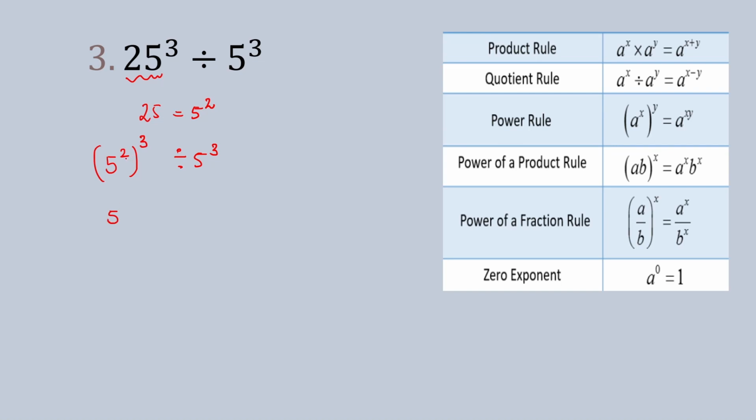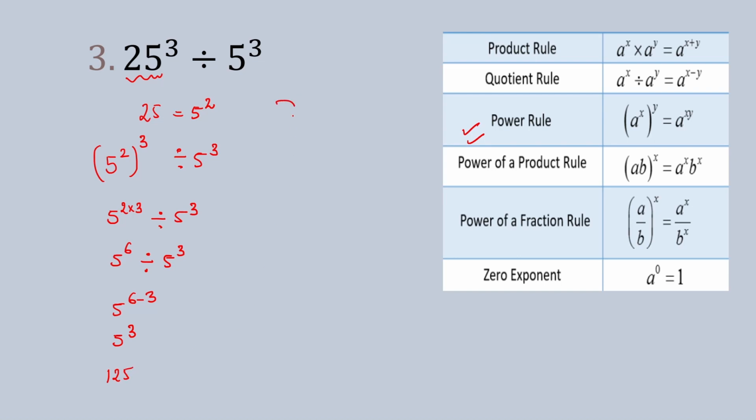Here, power of a power, where we need to multiply exponents: 2 into 3, divided by 5 raised to the power 3. This will give you 5 raised to the power 6 divided by 5 raised to the power 3. Bases are same. There is a division operation. We will subtract the exponents. 5 raised to the power 3, which is 125.